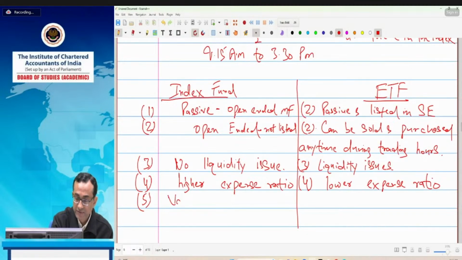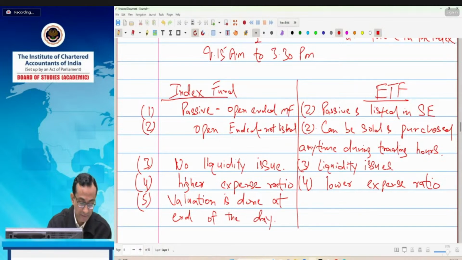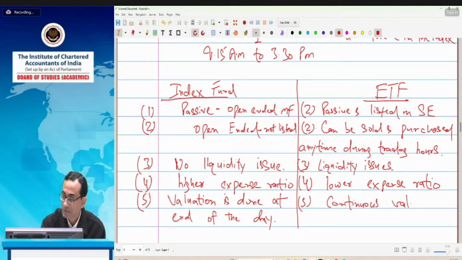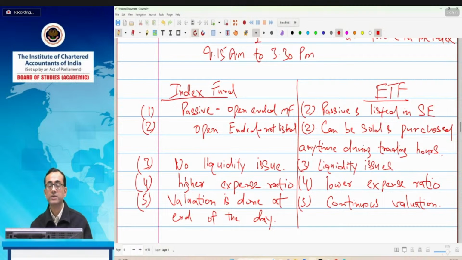Another point which differentiates between index fund and ETF is the valuation. Index fund valuation is done at the end of the day. And in ETF, there is continuous valuation, because it can be traded just like stocks.